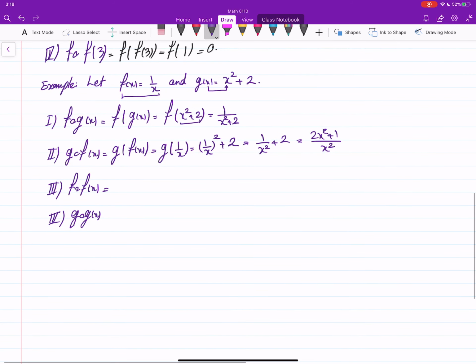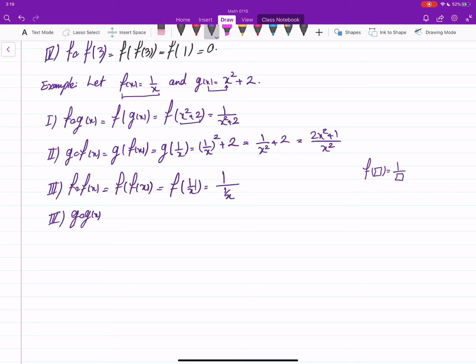f o f. So this is f at f of x. f of x is 1 over x. Now, f of 1 over x would be x. Again, remember, whatever you give to f will be inverse of that.